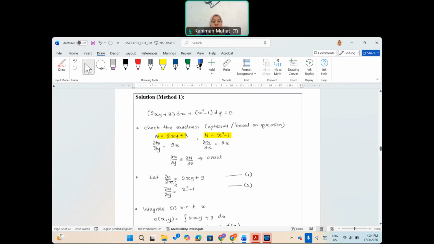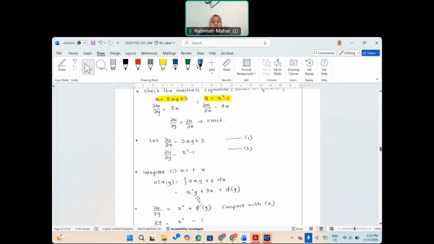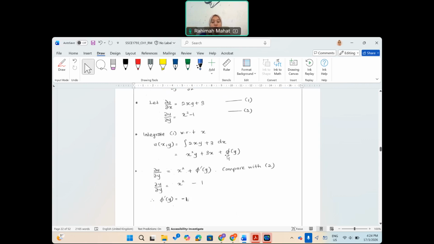Okay, and then after that, you let delta u over delta x be equal to 2xy plus 3, and delta u over delta y be equal to x squared minus 1. And you integrate 1 with respect to x, so you will get x squared y plus 3x plus phi(y).